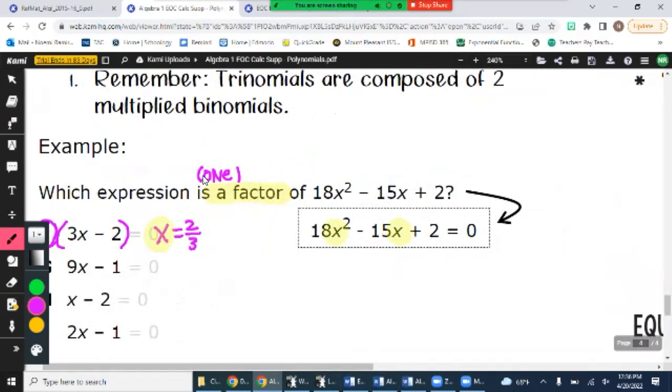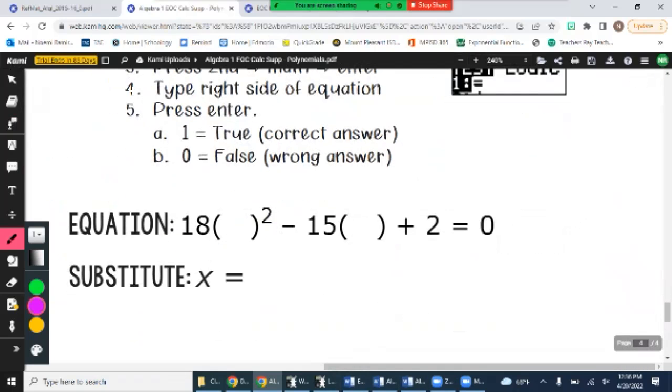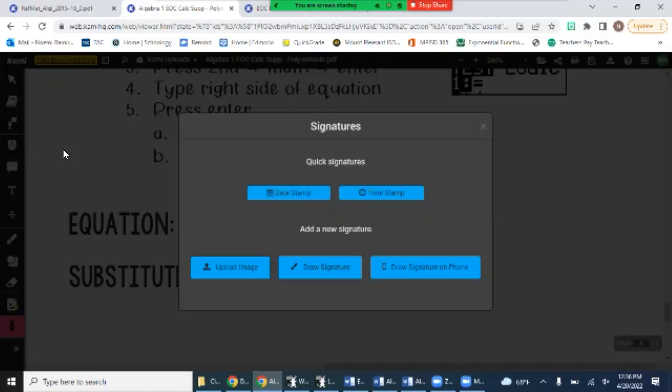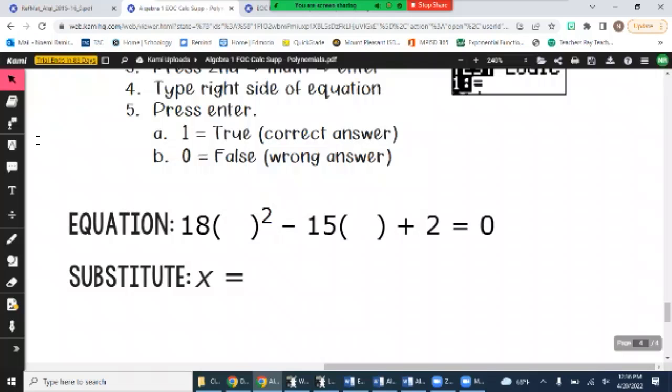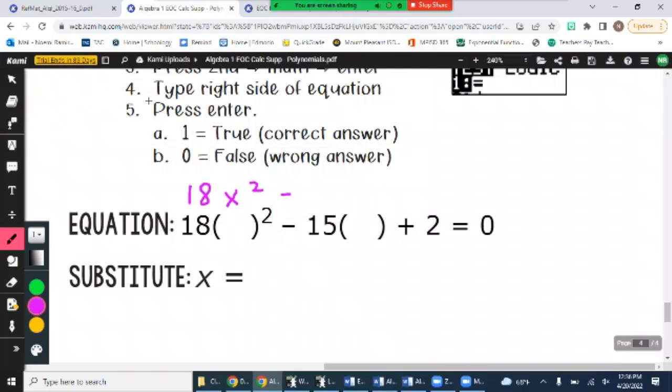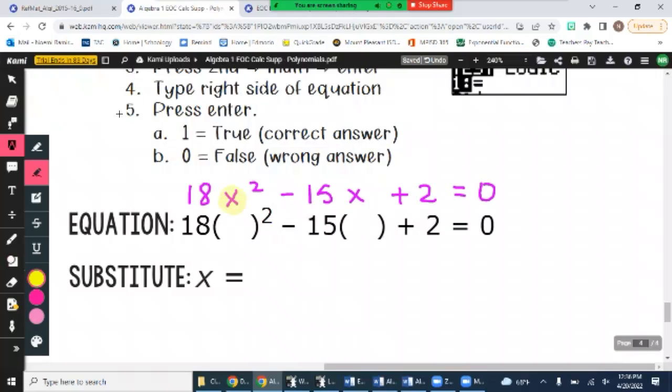Ready? So when you plug in your answers, you have to set up that equation. This is the same equation, 18x squared minus 15x plus 2. We set it equal to 0, and you'll notice all I did was switch out the x for the parentheses. I switched out an x for parentheses.